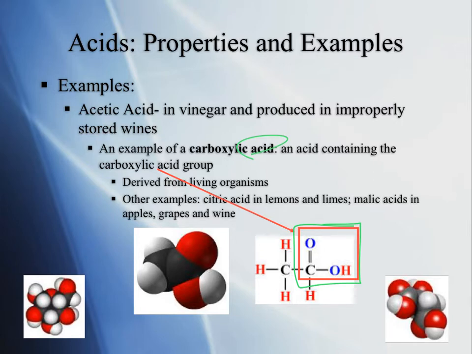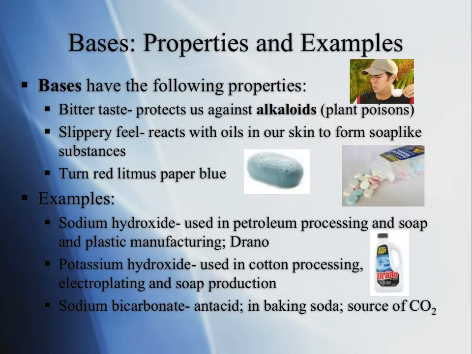And so this C with the double bond O, and the C is also bonded to an OH group, we call that a carboxylic acid. You'll find out more about those in chapter 18. But in any case, it's found in lots of different living organisms, and it makes up the reason why the acids taste sour. Okay. All right, so shifting over to bases, just kind of looking at their properties.